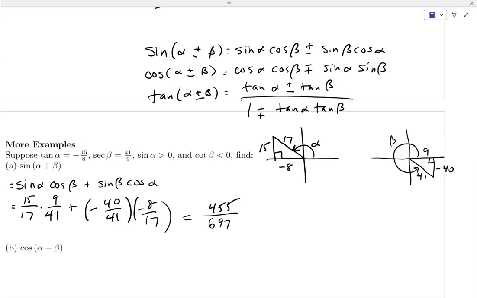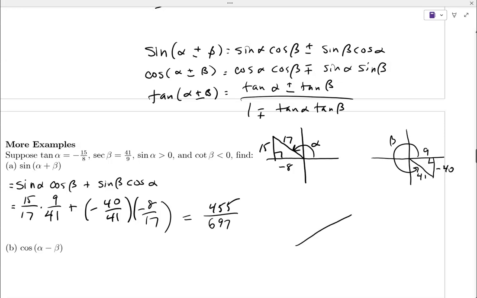All right, so if you were to figure out the other side of the right triangle, remember that sine is opposite over hypotenuse, right? So I could use the Pythagorean theorem to figure out the adjacent side. So if I do 455 squared and then subtract off the 697 squared and then take the square root, you get 528.